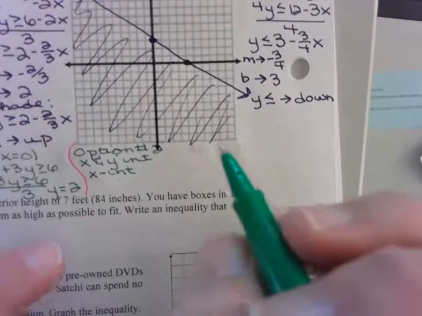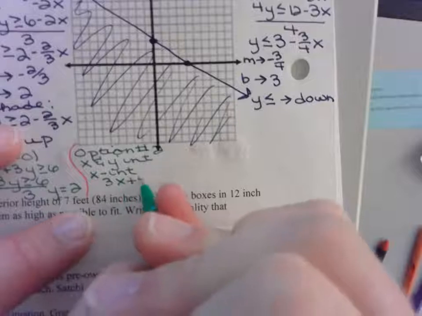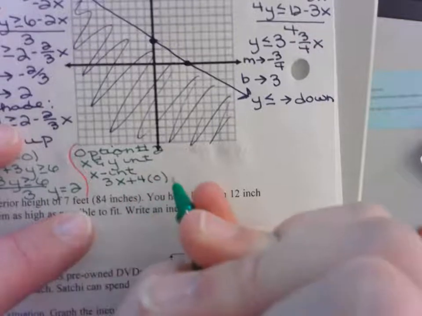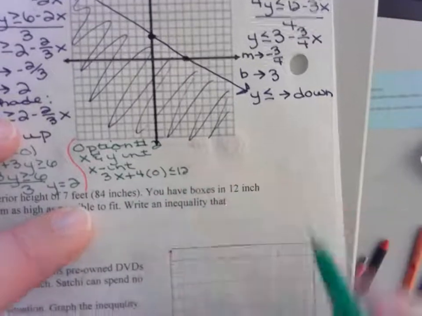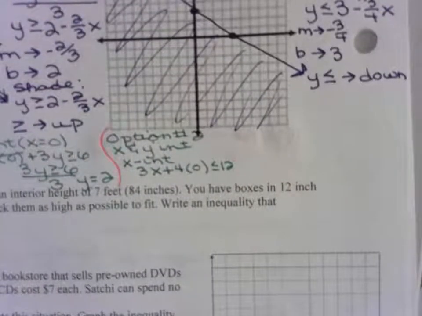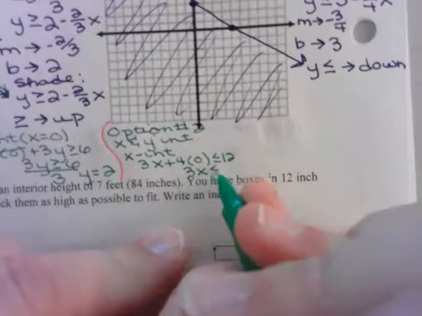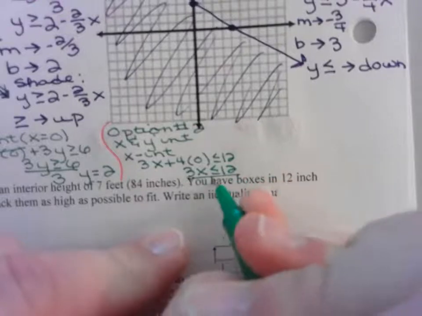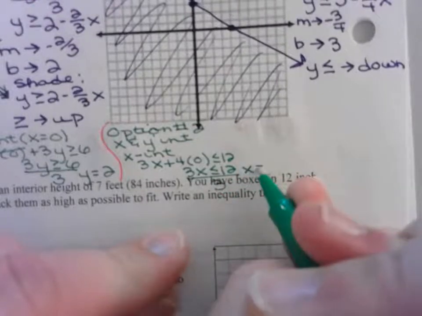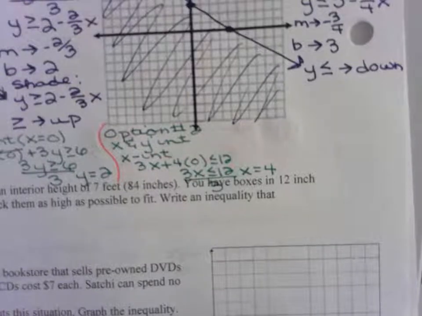If I'm looking for my x-intercept, what do I always plug in for y? 0. So 3x plus 4 times 0 is less than or equal to 12. It's really not that hard. We're plugging in 0 and then finding x. You can do this. It just takes a little more work. 4 times 0 is 0. I get 3x is less than or equal to 12. Divide by 3, so x is what? 4. My x-intercept is 4.